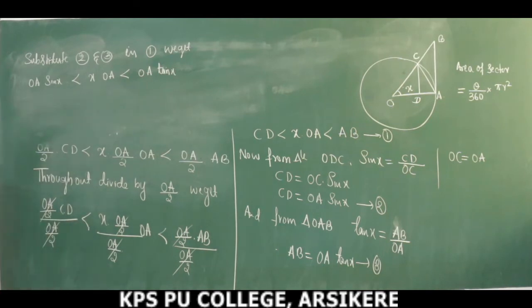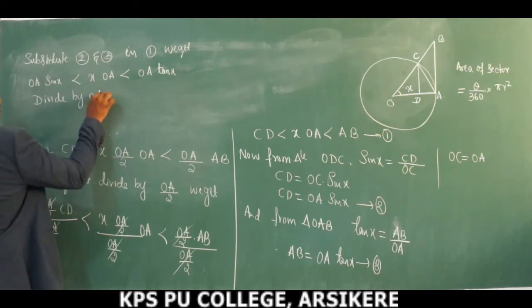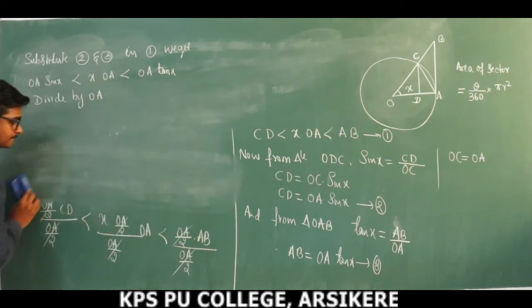OA into tan x. Just observe here, OA, OA, OA, in all the three terms containing OA. So divide throughout by OA. So what do we obtain?